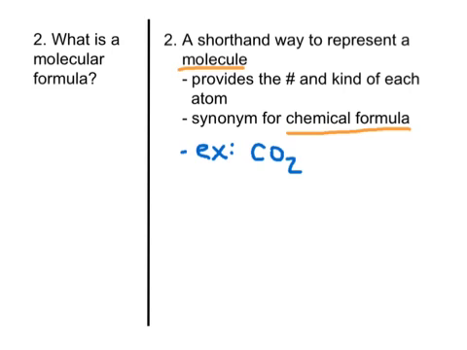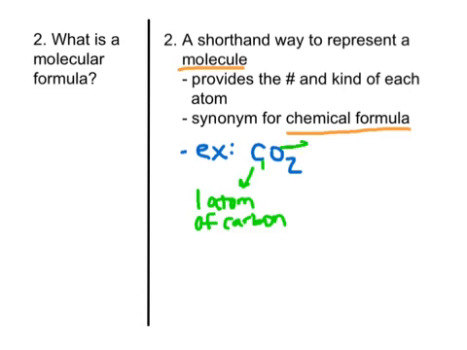CO2 is an example of a molecular formula for carbon dioxide. And again, it's going to tell you the number and the kind of each atom. So here we have a C, right? And there's an invisible 1 right here, we can think about it. So it's one atom of carbon in this molecular formula.